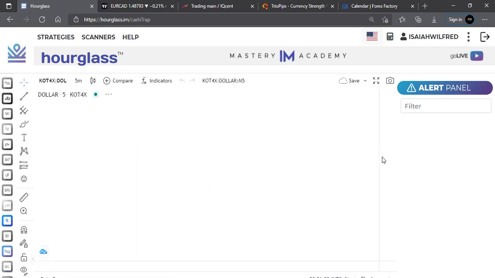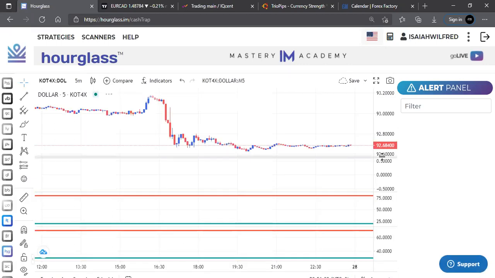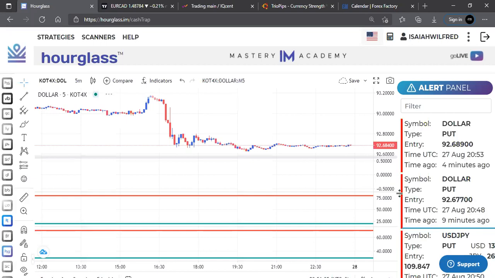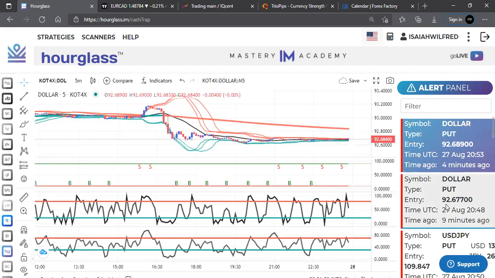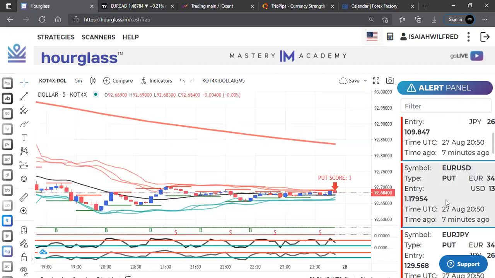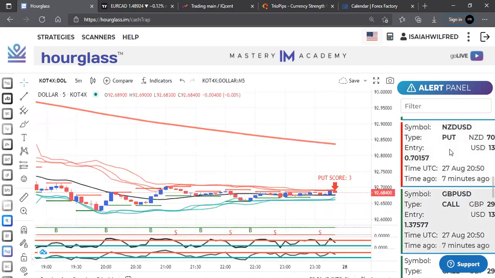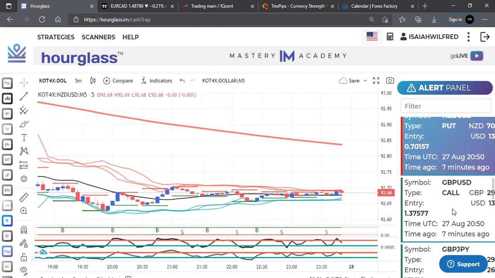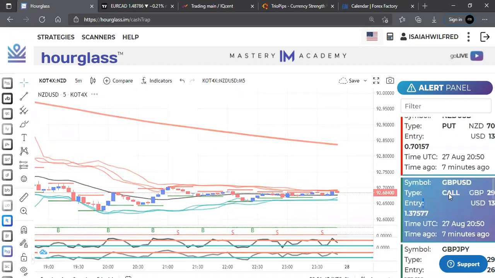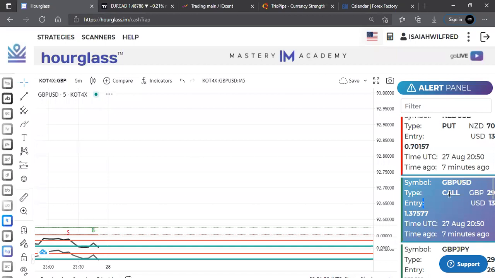Something should come up. Okay, let me see if I can quickly find something. All right, so guys, just be patient. Let me see if I can find something. Which one is this? GBP USD.